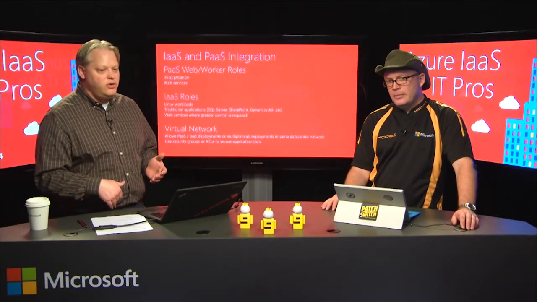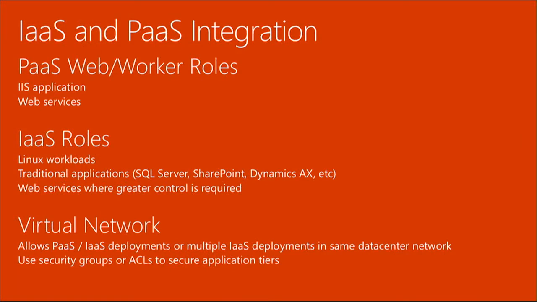The IaaS role is what is great for kind of your bring up from on-premise, using those in Azure. IaaS also is the thing that you're going to need to use to run Linux. But if you want to mix and match those together, really the key sauce here is virtual network. So what you want to do is you do your deployment of your web and worker role into a virtual network. Customers will typically deploy that into a specific subnet.